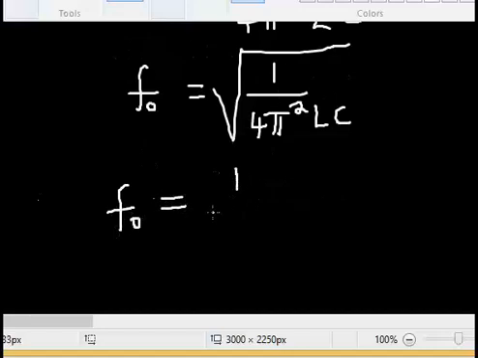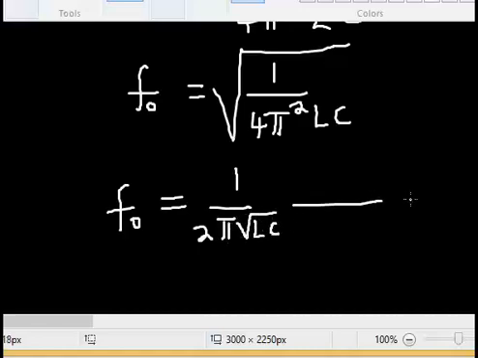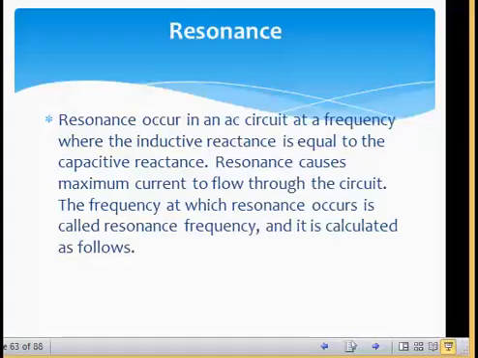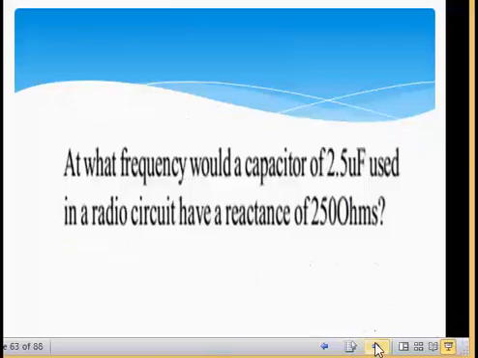The square root of 1 is 1, the square root of 4 is 2, the square root of pi squared is pi, and I put the LC inside the square root. So this is the formula for resonance frequency: F0 equals 1 all over 2 pi square root of LC. I hope that is well understood.